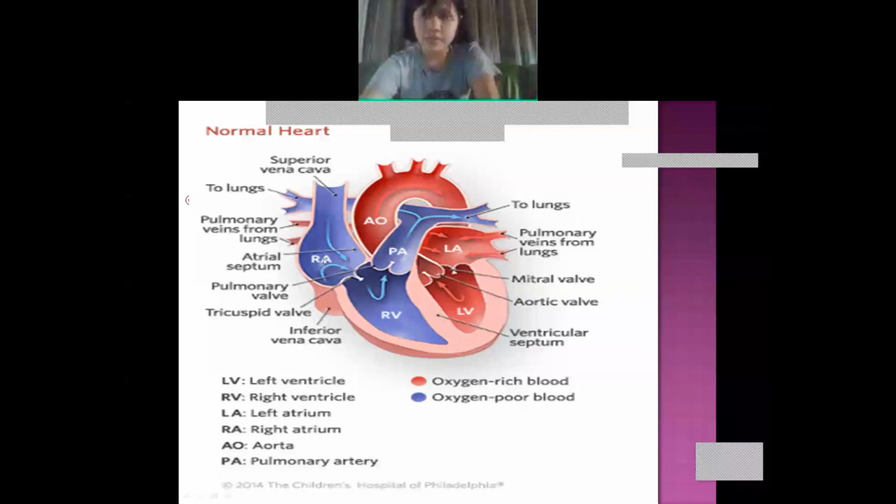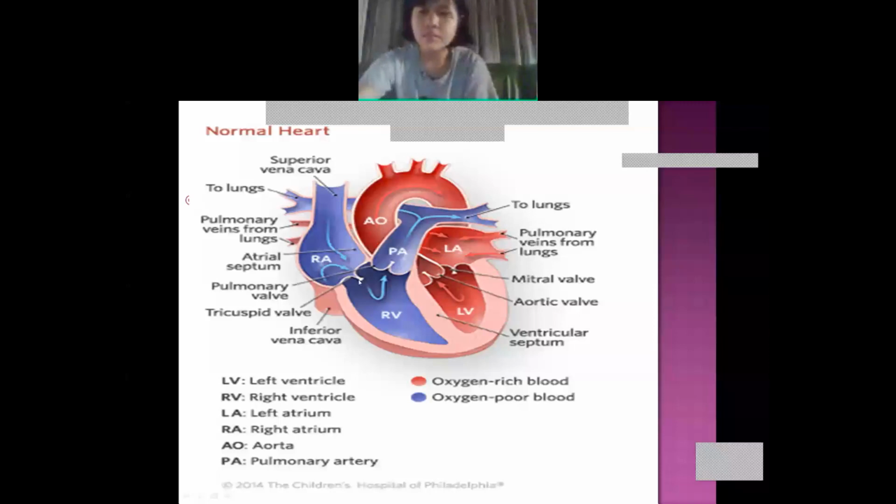But before entering the right ventricle, there is a pathway or a valve. This valve has to open because it is a door or a pathway through which the blood will pass.